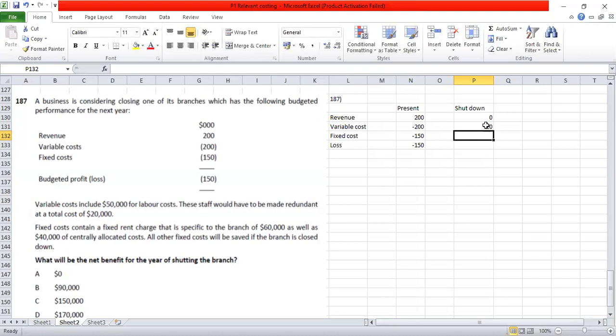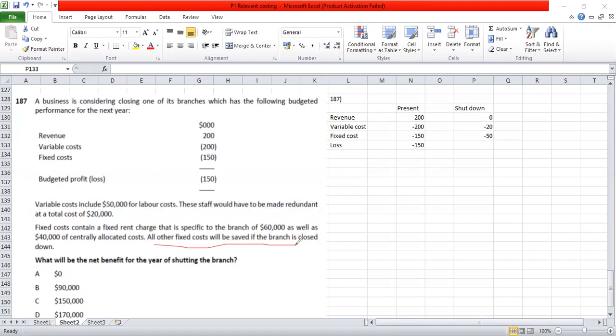All other fixed costs will be saved if the branch is closed. So that should be 50 minus 50 fixed cost. The answers are not matching: 0, 90, 150, 170. Why is the fixed cost 50? The question says that all other fixed costs will be saved if the branch is closed.